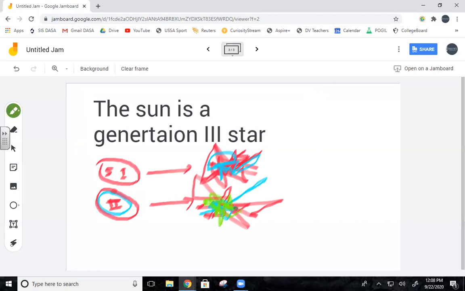And what do the colors represent? Different materials.